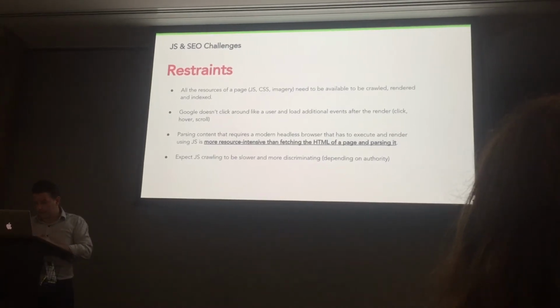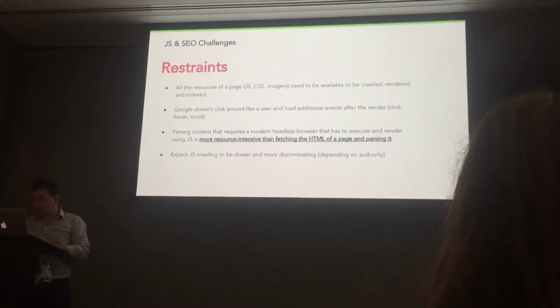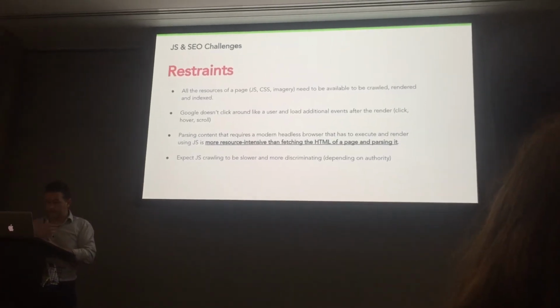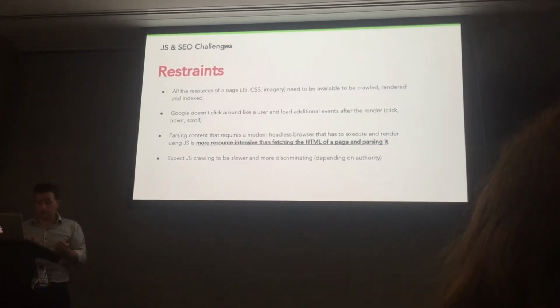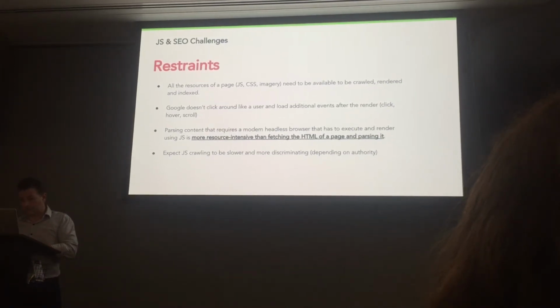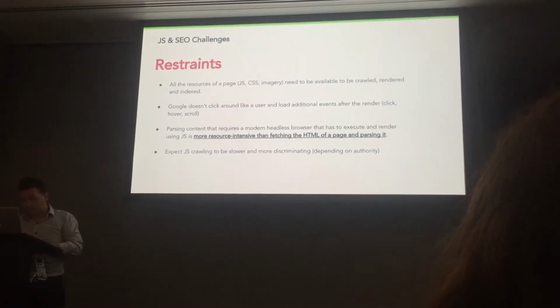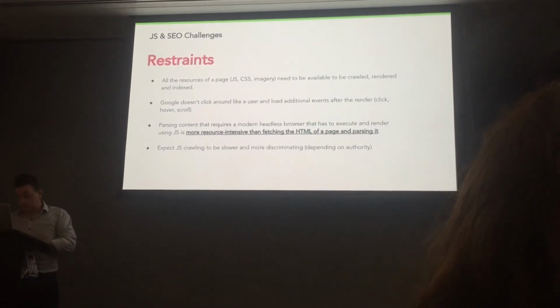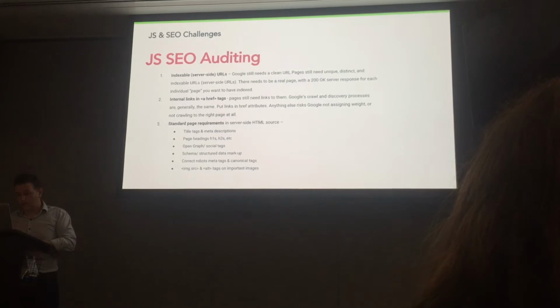And obviously parsing content that requires a modern headless browser running JavaScript in the background takes more time than fetching just a plain HTML version of the page. So that's another downside of using JS to render complete components, especially body copy. And it's also a lot slower.